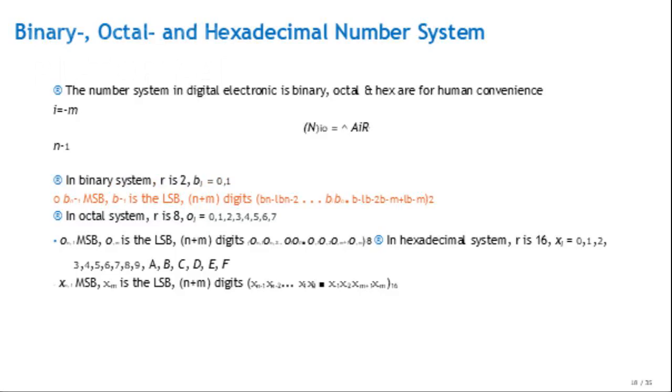Let's look at an example. The binary number 0.101 represents 0.5 plus 0.125, which equals 0.625 in decimal. For octal, the number 11,100.10111 converts to 28.71875 in decimal. This involves multiplying each digit by 8 raised to the power of its position.